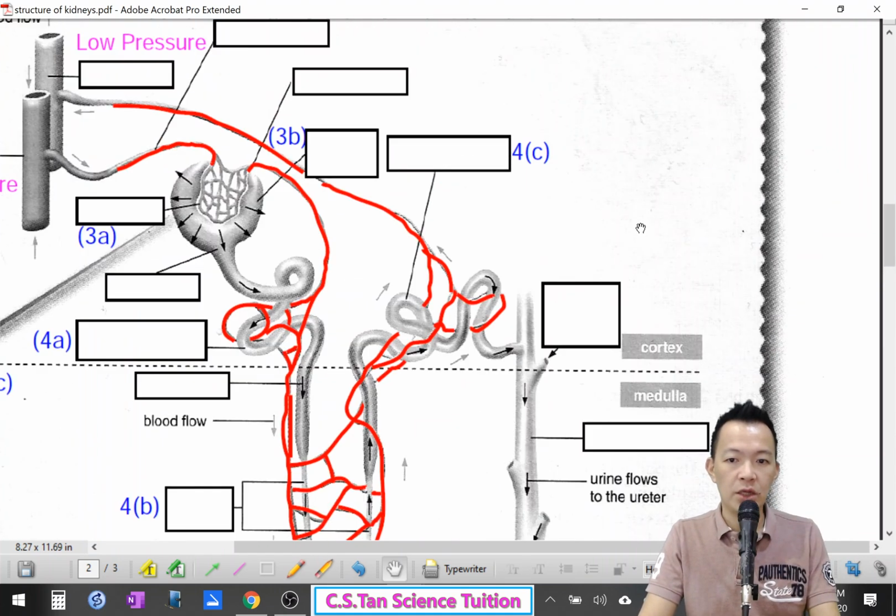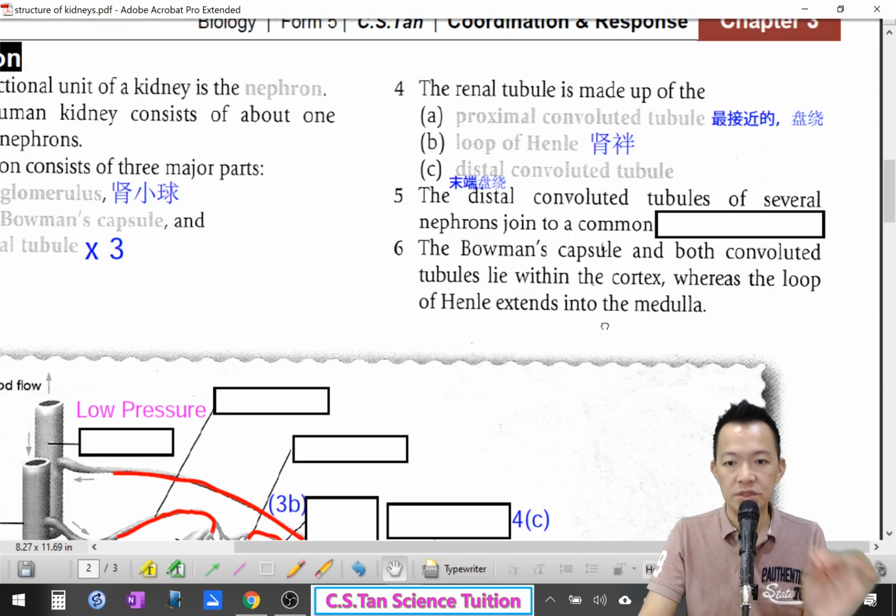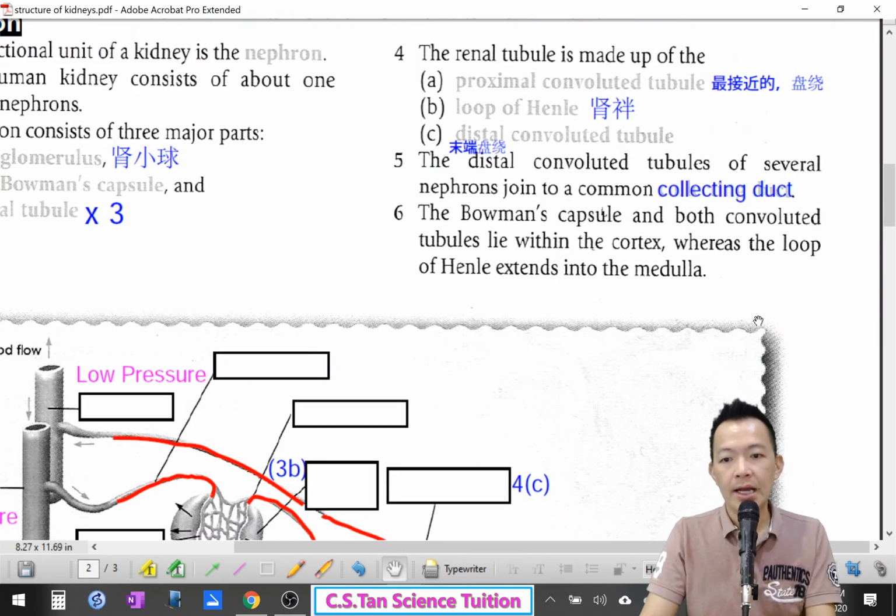So this is the tube that we call the collecting duct, 收集尿液的管道啦. Okay, collecting ducts.